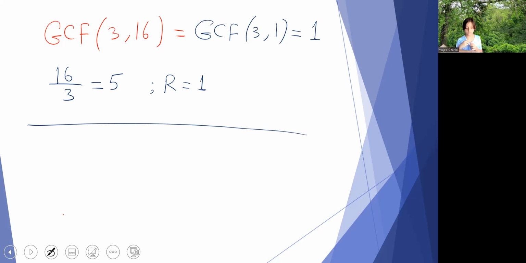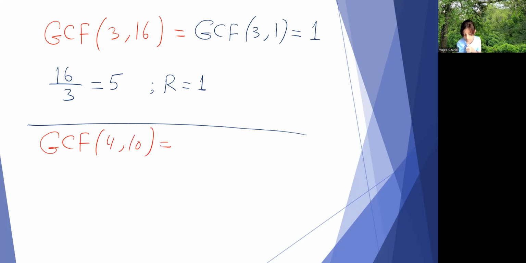What is the greatest common factor of 4 and 10, for example? 4 and 10. Listen how I'm going to do it. First of all, I'm going to divide 10 by 4. 10 divided by 4 is 2, because 2 times 4 is 8.